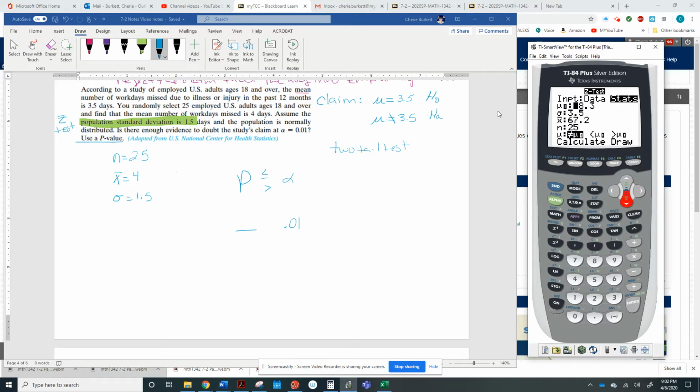Now they want to know what is the number that goes with the mean of the population that goes with the claim or the null hypothesis. So for us, that's going to be 3.5. The population standard deviation is 1.5. The sample mean is 4.